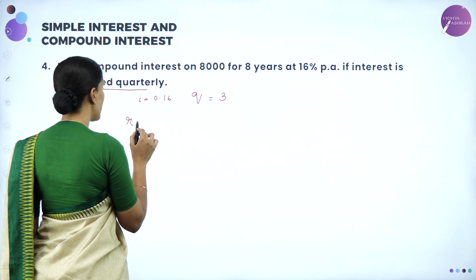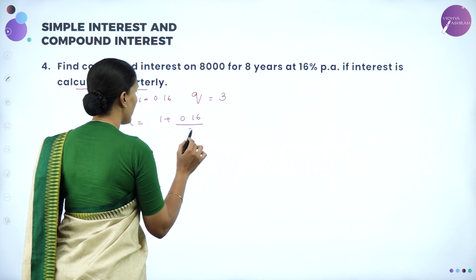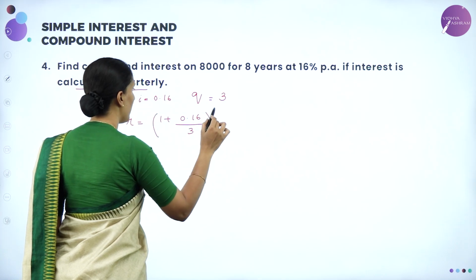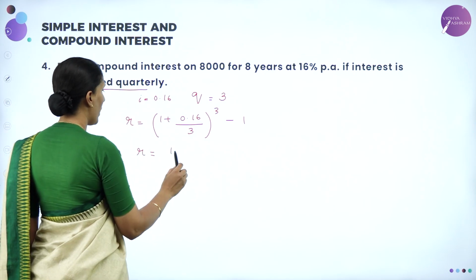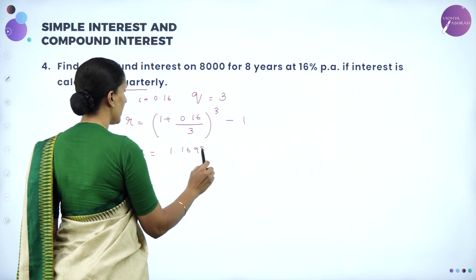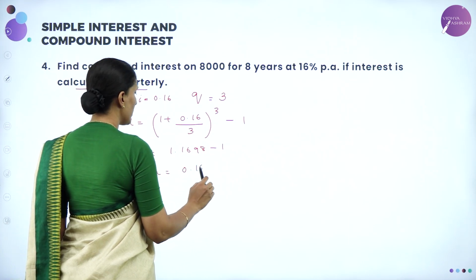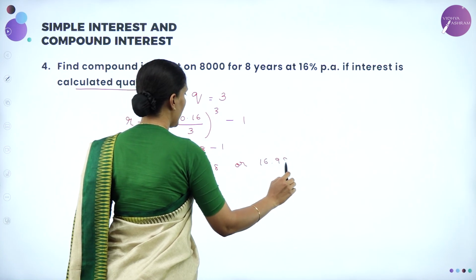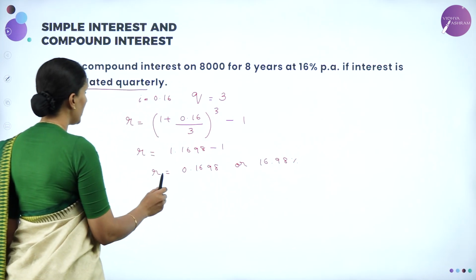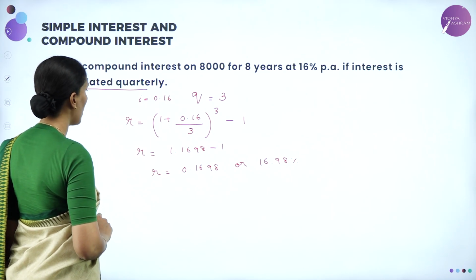So therefore the effective rate is 1 plus 0.16 divided by 3 whole to the power 3 minus 1. So R is equal to 1.1698 minus 1. R is equal to 0.1698 or 16.98%.